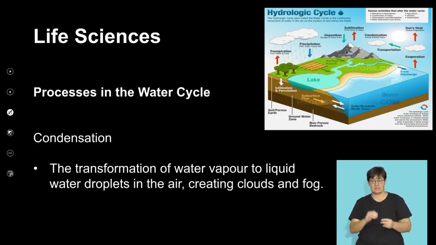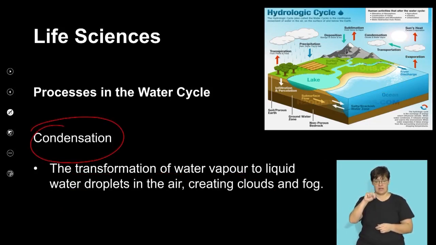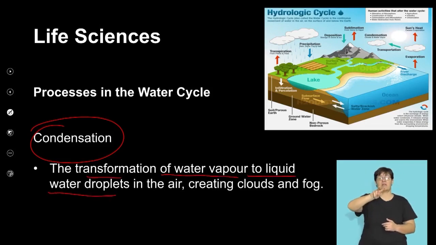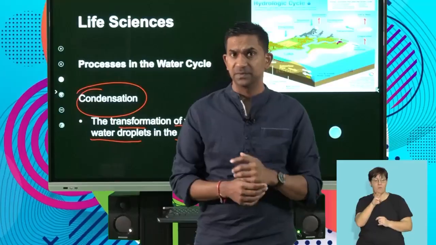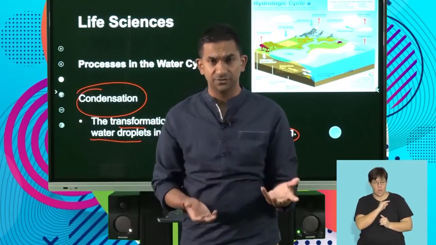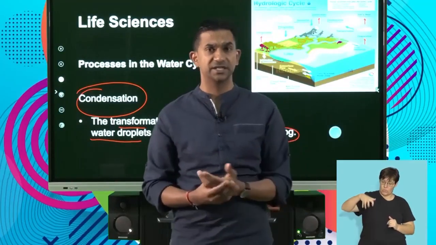The next process is condensation. Condensation essentially is the transformation of water vapor to liquid, where water droplets in the air create clouds and fog. So guys, when we look at clouds that are formed, these are often a result of the large amounts of evaporation that takes place.